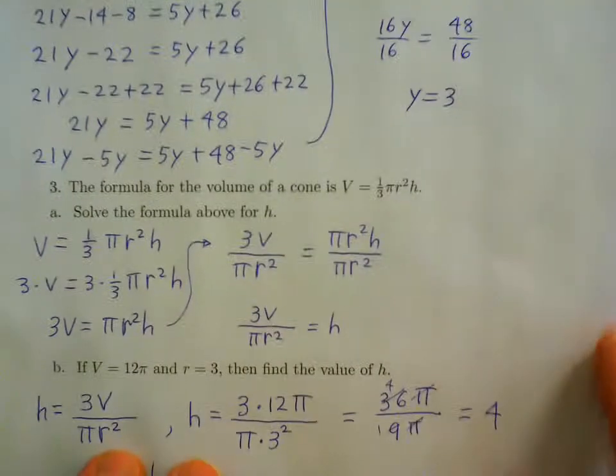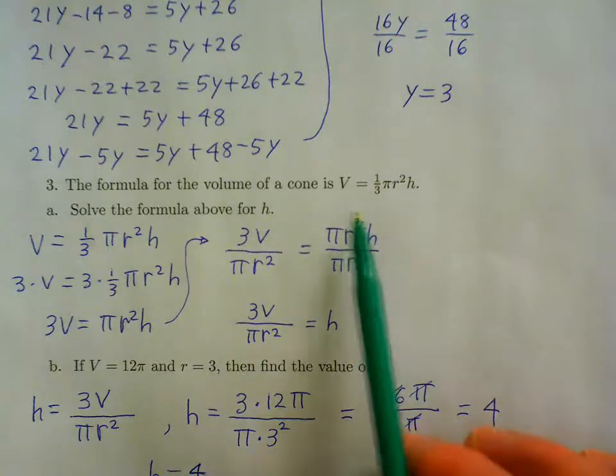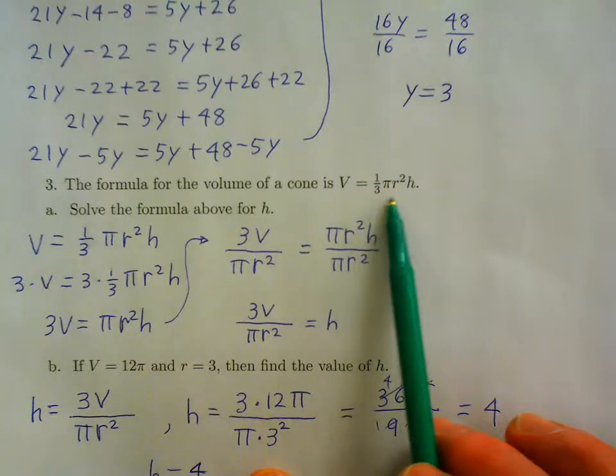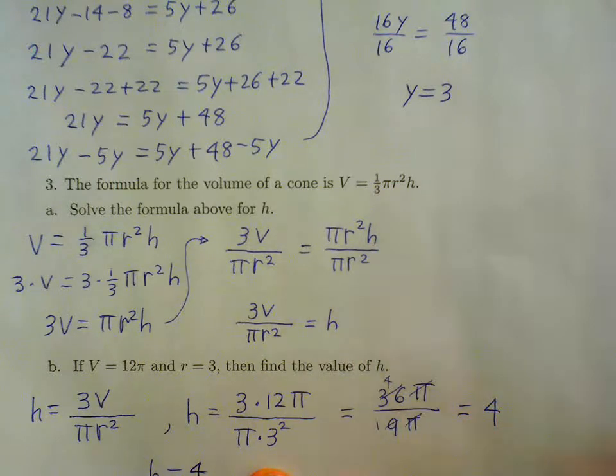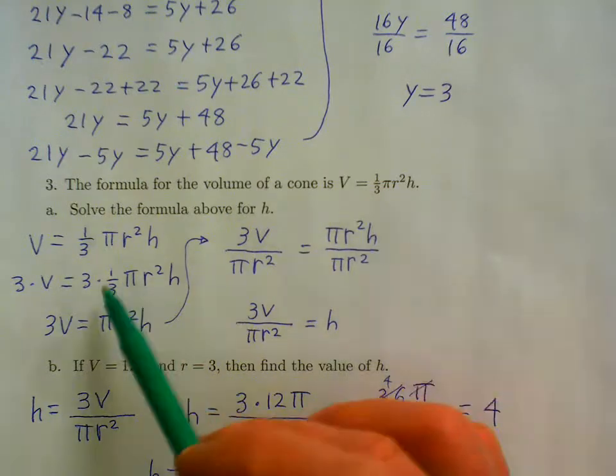Okay, on problem 3, start by solving this formula, V equals 1/3 times pi r squared times h. Solve for h. So I'll redo what I did over here.